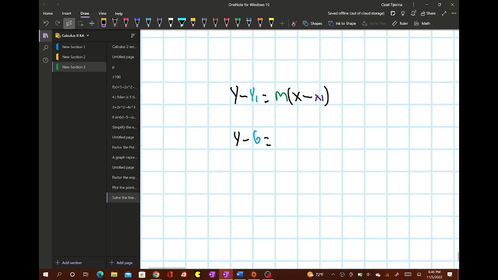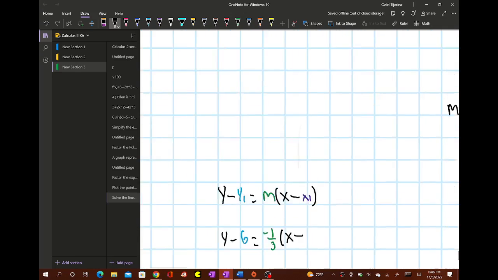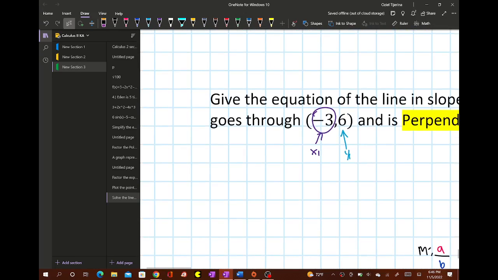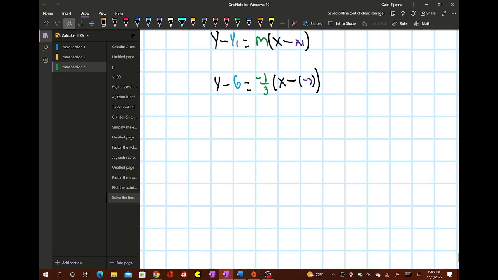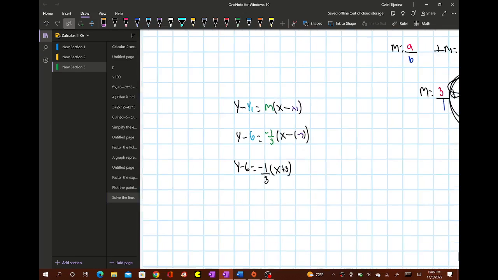So we're going to say negative 1/3 times x minus, and then our x1 is negative 3, so we're going to put parentheses negative 3 like this. So then y minus 6 equals negative 1/3 times the quantity x plus 3.